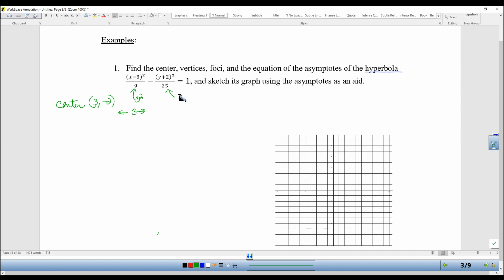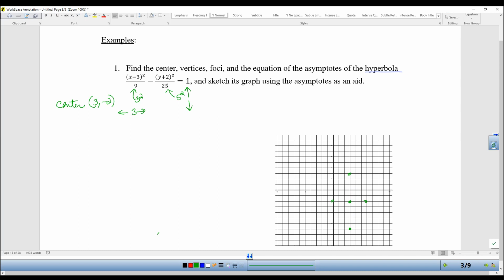And because this number is 5 squared, I'm going to move 5 in the y direction from the center. So the center is at (3, -2). I'm going to move 3 in this direction, 3 in this direction, 1, 2, 3, 4, 5 here, and 5 here. And if I were doing an ellipse, I'd be done.